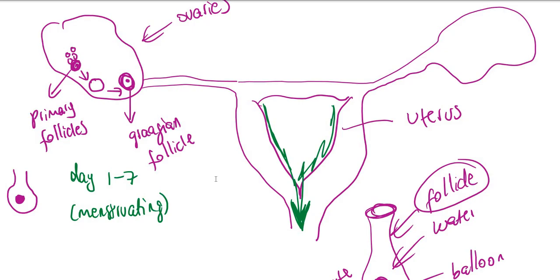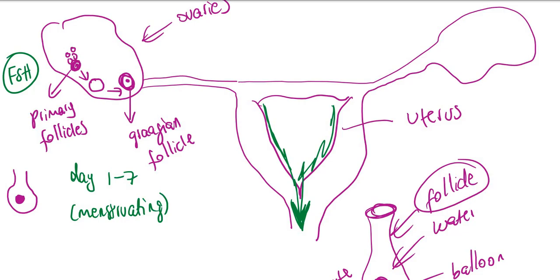But while you are menstruating, you must know that there is a primary follicle growing to become a Graafian follicle. On the day of your menstruation, FSH is already produced. FSH, the follicle stimulating hormone, stimulates the primary follicles that you have, so that one of them matures to be a Graafian follicle.